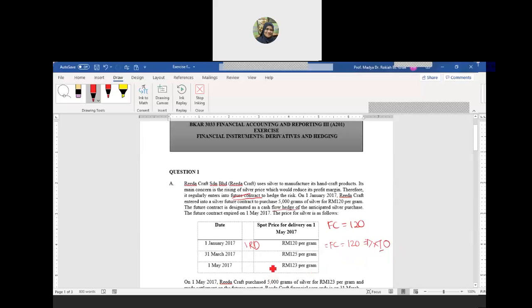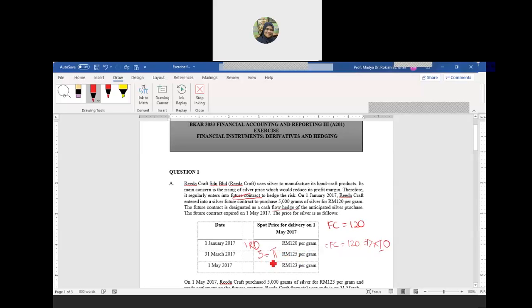On 31st March the price of silver increased to 125. You said you want to buy at the price of 120, so when the price increases you have an increase of 5, the difference between the two figures, which is a gain.